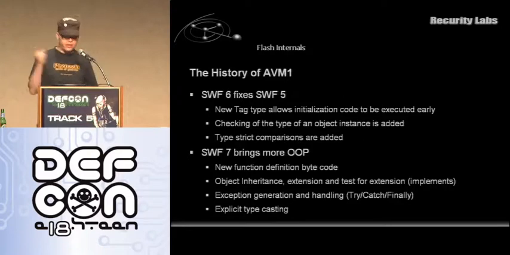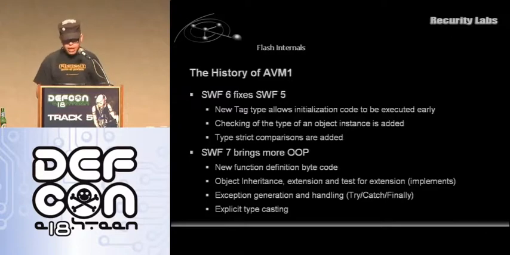So they introduced a tag type for that. And since they introduced types, now it would be cool to actually check what type a variable is. So they introduced that. In version 7, they added new functionality to their objects. For example, they discovered exceptions, and typecasting, and object inheritance.